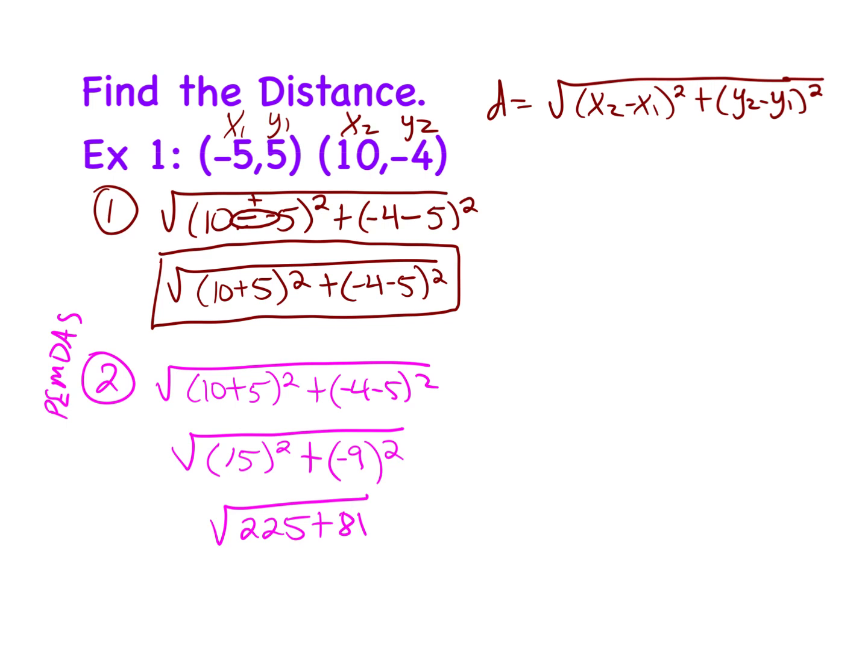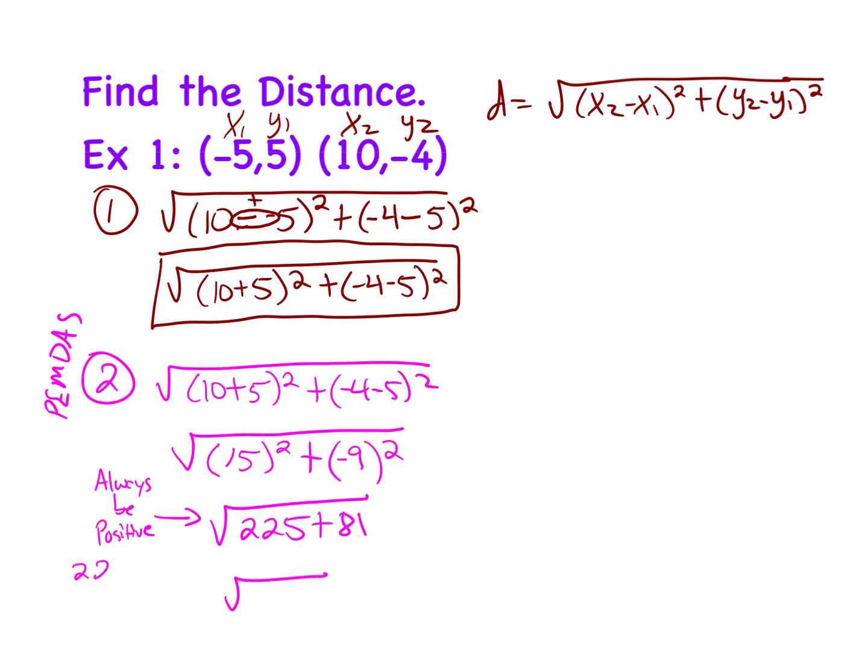Okay. And guys, at this point, you should always have positives. After you square everything, you should always have positive numbers. It should never be negative. Then the last part here is we're going to add those together.